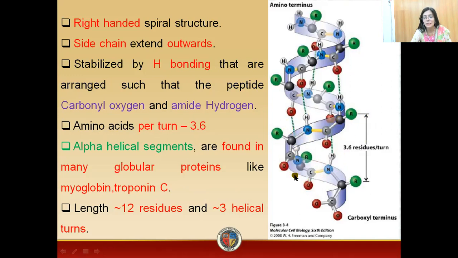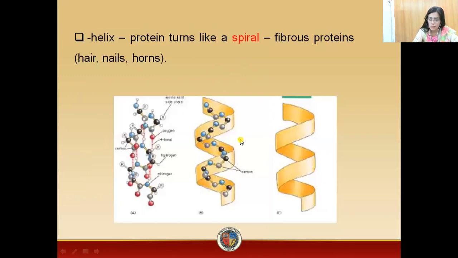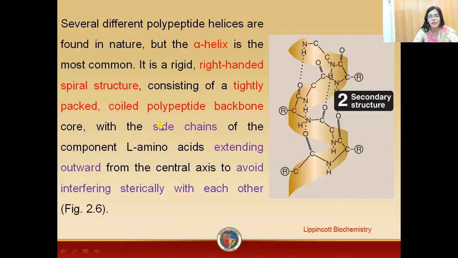These 3 helical turns make the right-handed structure of the alpha helix, so almost 12 amino acids make an alpha helix. This again represents a hydrogen bond between the carbonyl oxygen and the amide hydrogen. This figure also shows the spiral structure found in hairs, nails and bones.